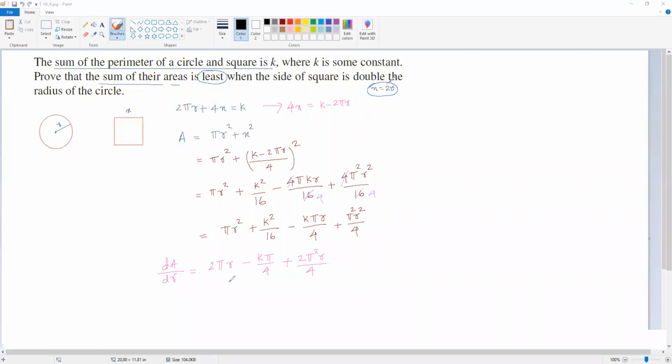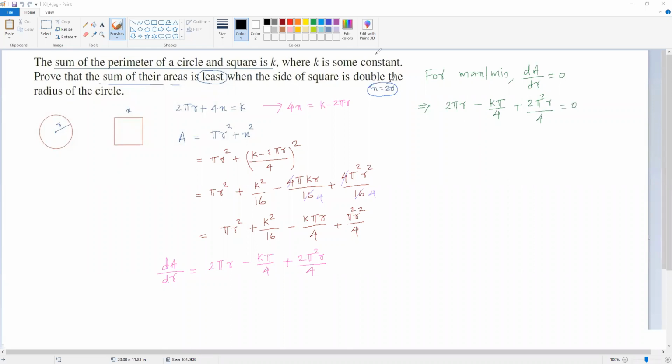Now for maxima or minima, derivative dA by dr should be equal to 0. That implies 2 pi r minus k pi by 4 plus pi square r divided by 4 is equal to 0.